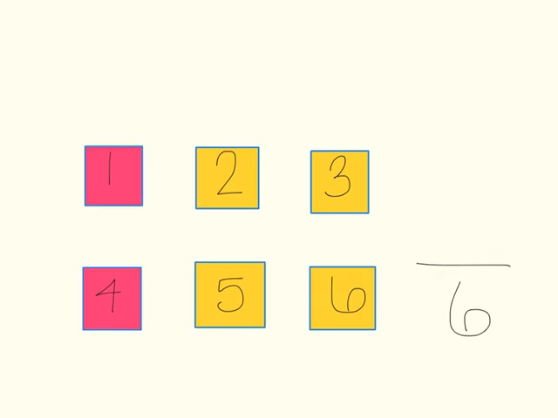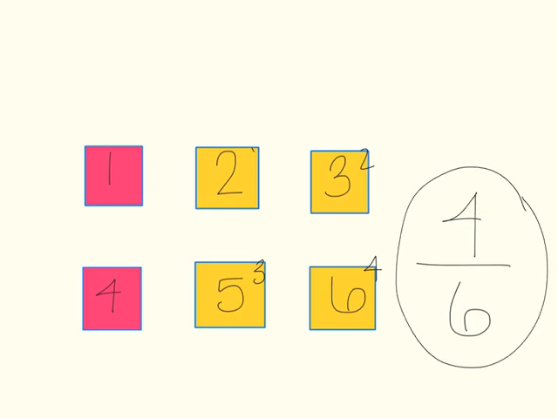Now, we want to find out how many yellow ones there are. If we count out the yellow boxes, we're going to do 1, 2, 3, 4 yellow boxes. And that's how many objects there are within the whole, so that will go on the top. So there are 4/6 of yellow.